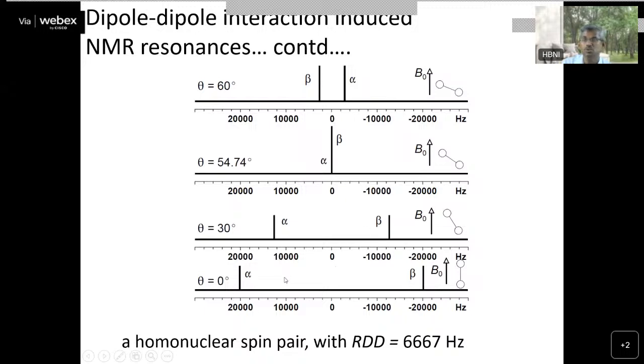And when it becomes 0 degrees, it separates like anything. So this itself shows how the dipole-dipole interaction changes as a function of the angle, as the bond vector changes. You see a doublet or two peaks which merge to a single peak and again get separated into two peaks, as can be seen from here.